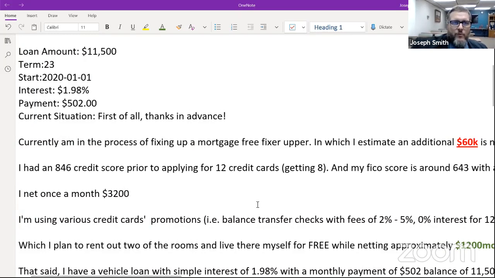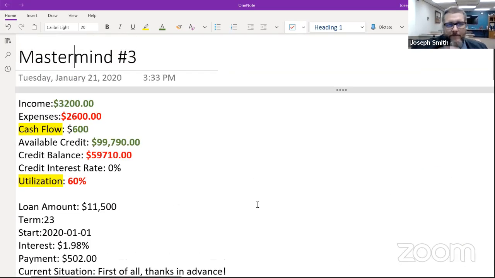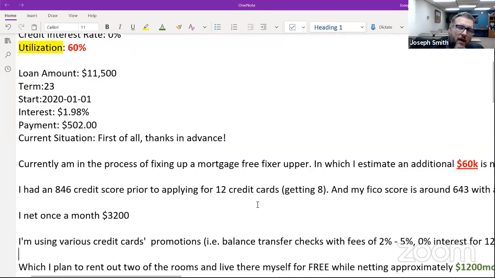So as we look at what we're working with, I see with $600 of cash flow, not a lot of options. You could pay that auto loan off 3 months earlier and free up $500. That is doable, but it doesn't get you any closer to that $60,000.